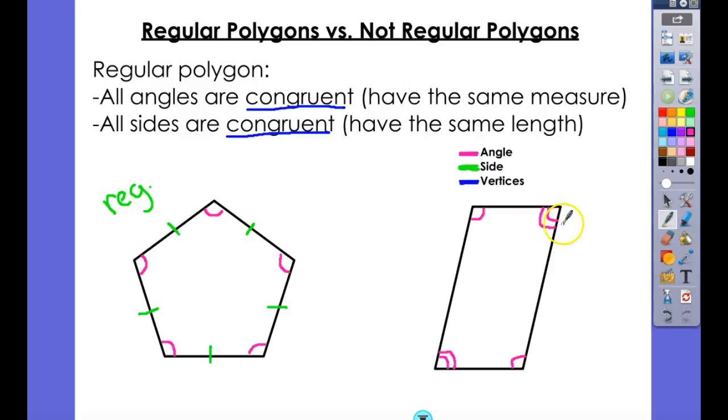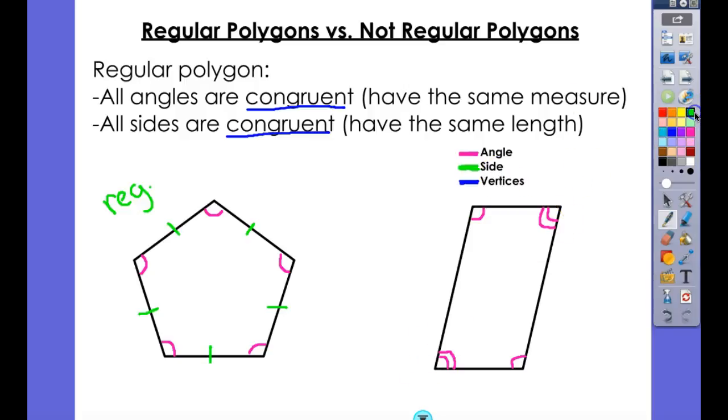So you would continue to add lines for each of the added measures of angles. Right here we just have two different measures of angles. This one and this one are the same, and this one and this one are the same. The matching ones get matching numbers of lines.